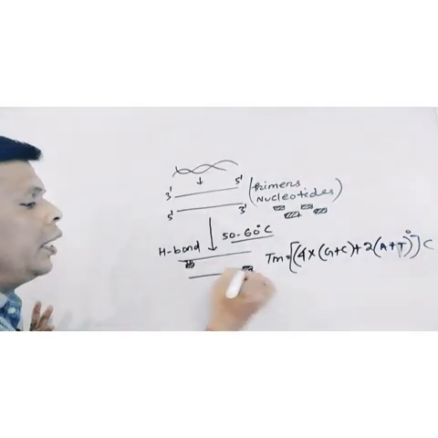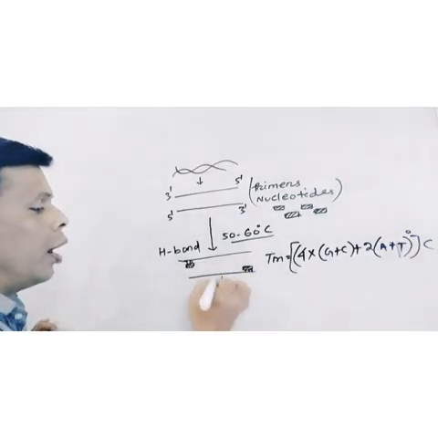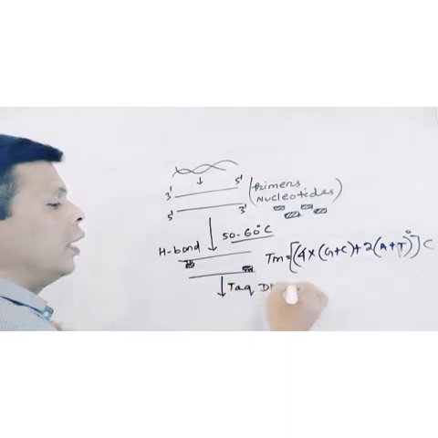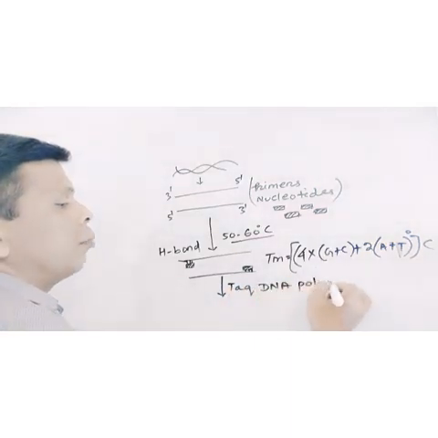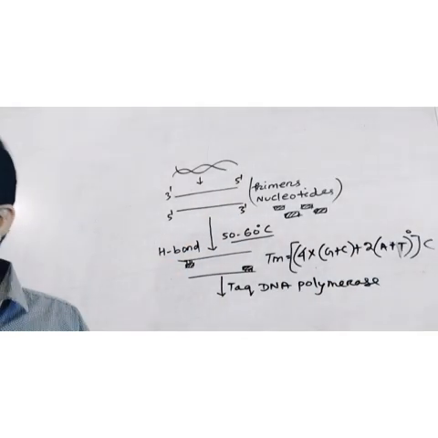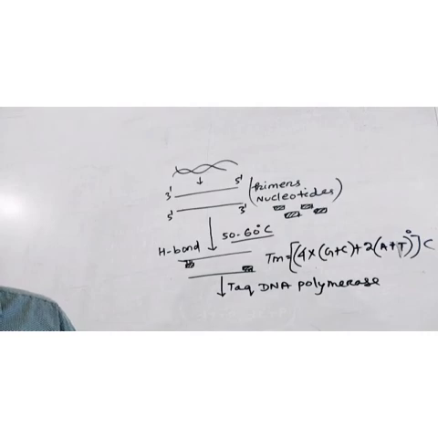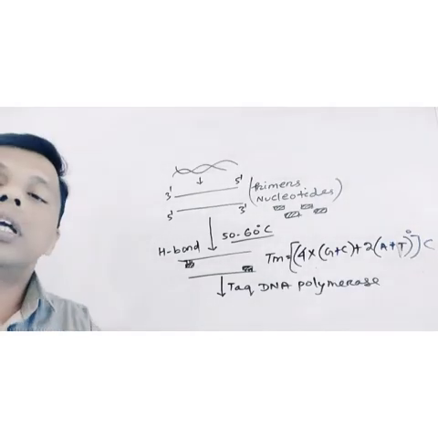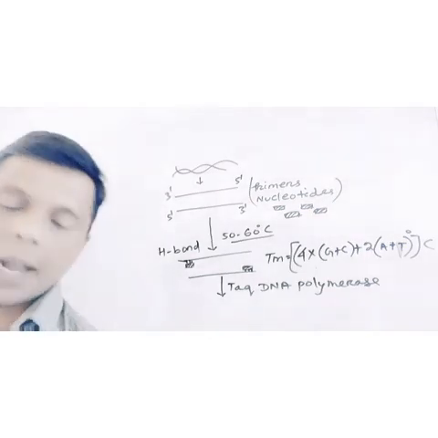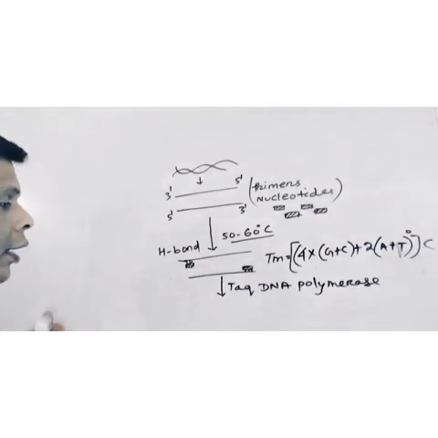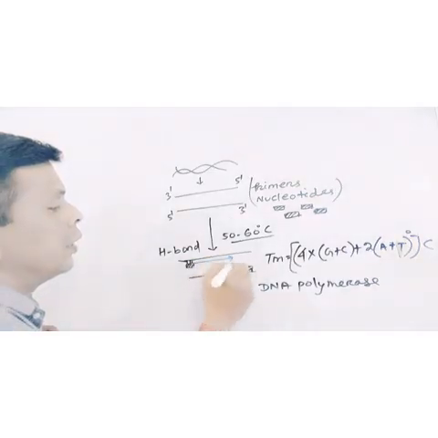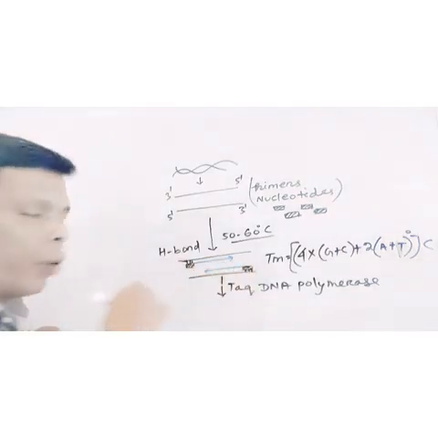After renaturation, we have to add Taq DNA polymerase enzyme. The polymerase enzyme can elongate the primer in the requisite direction. Taq DNA polymerase starts adding the nucleotides in this manner, so the strands elongate.